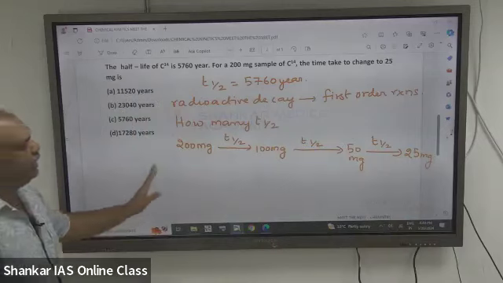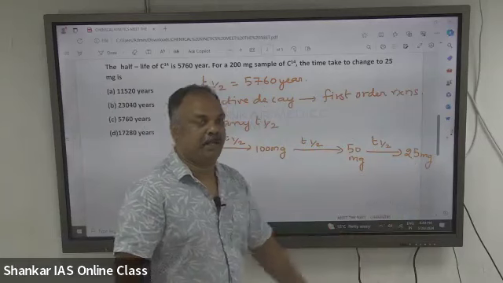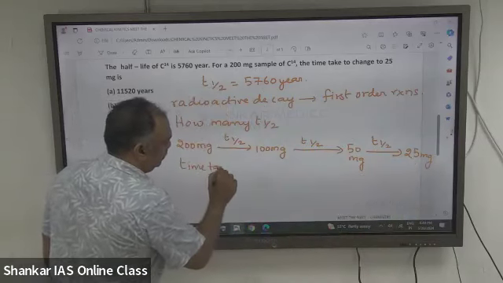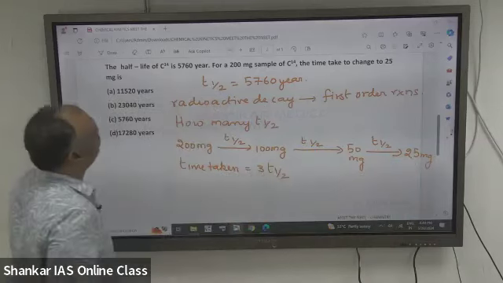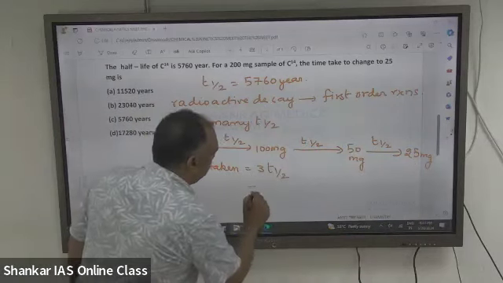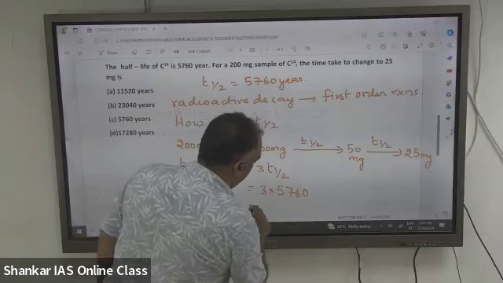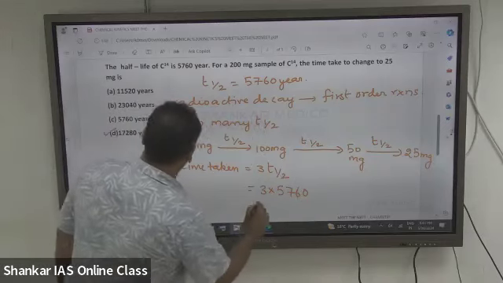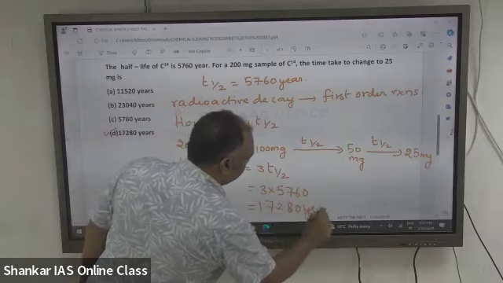So how many T halves are there for a sample to go from 200 milligram to 25 milligram? There are 3 T halves. The T half value is given as 5760, so solving this, you will get 17280 years as the answer.